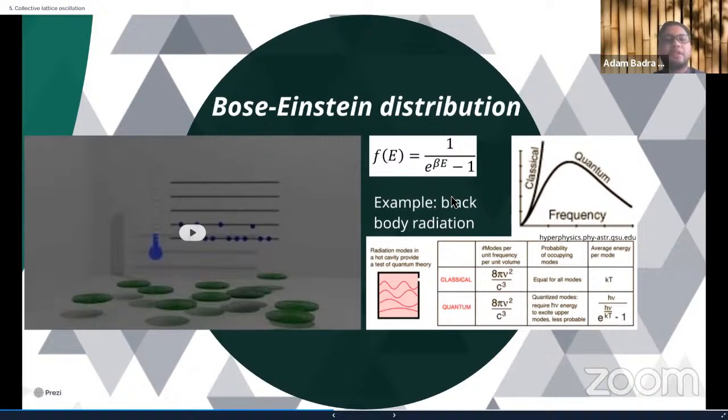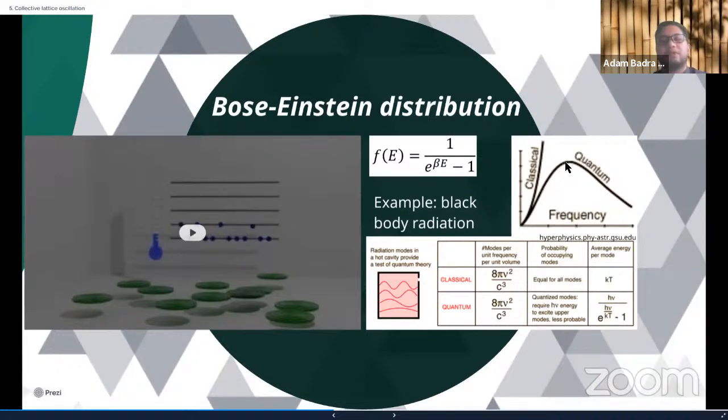If we only consider classical physics, the black body radiation should follow this classical distribution. As frequency becomes larger, the black body should give more radiation at higher frequency.